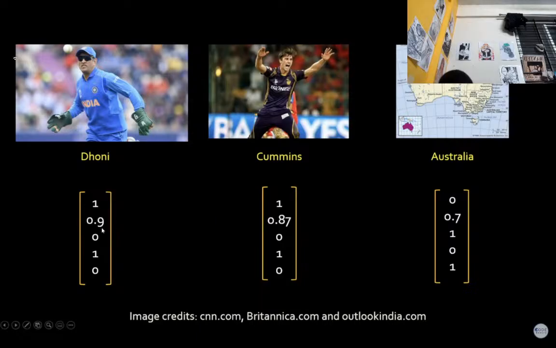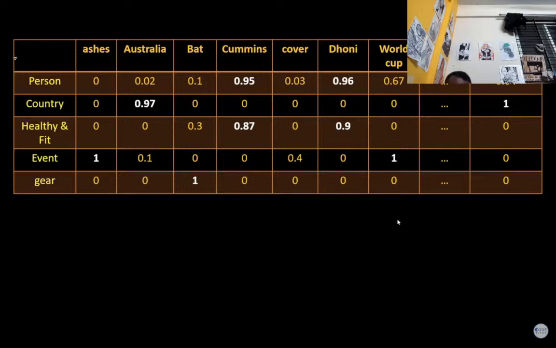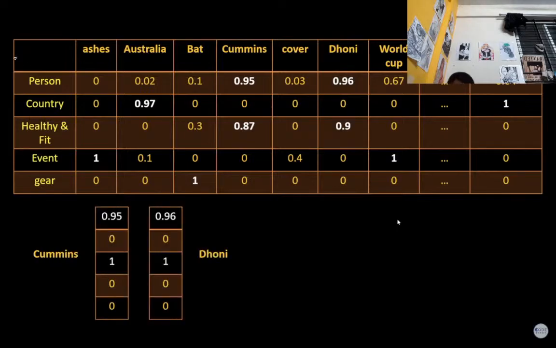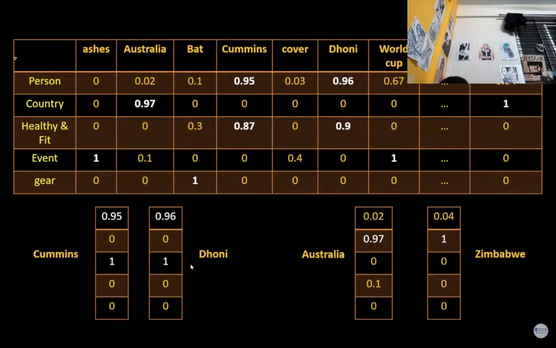You see like 1, 1, 0.9, 0.87, and so on. Whereas the vector for Australia, which is a country, looks quite different. And you can have a number of features that you can use for word embeddings, so that when you're comparing Cummins and Dhoni, their vectors look the same. And when you're comparing the teams, Australia and Zimbabwe, their vectors also look the same.